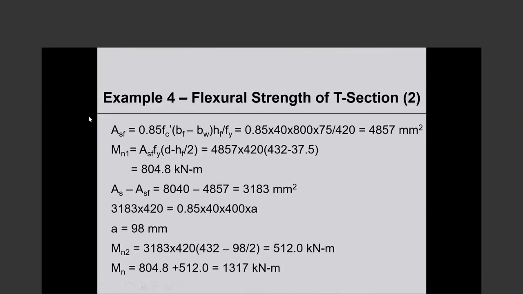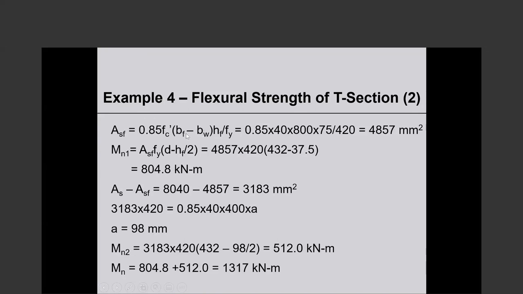So we find this equivalent reinforcement area, the reinforcement area equivalent to the overhanging flanges. The overhanging flanges have uniform compressive stress of 85% of F sub C prime. The width of the overhanging flanges is the effective flange width minus the web width, the width of the beam.